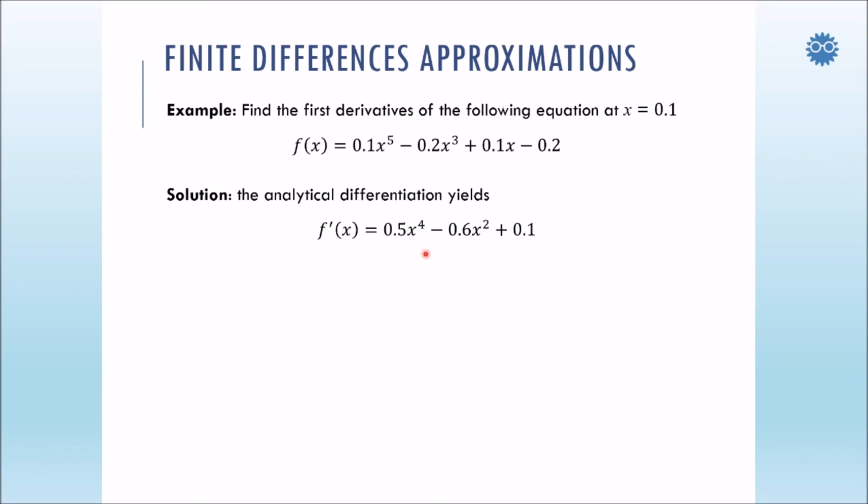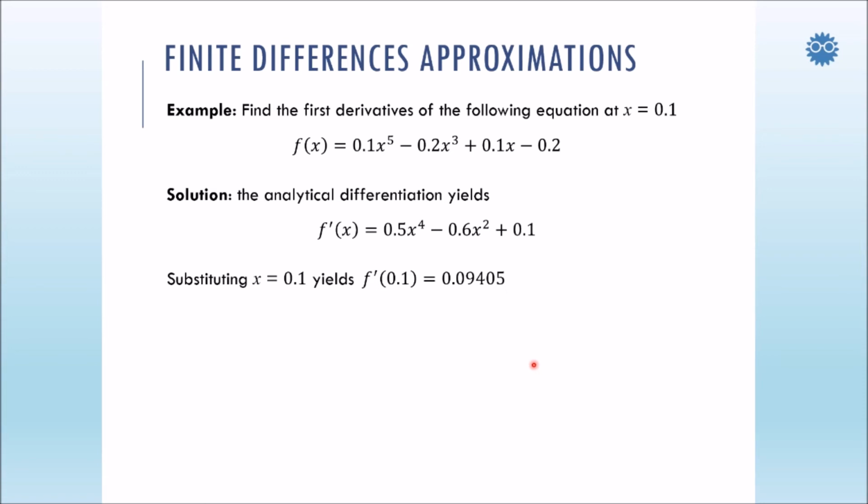The analytical solution will be f prime of x equals 0.5 x to the power 4 from this term. This term will give us 0.6 x squared, plus 0.1. Now, when we substitute x equals 0.1 in the derivative, we get f prime of 0.1 will be 0.09405.